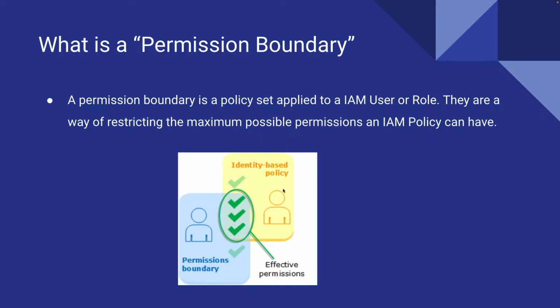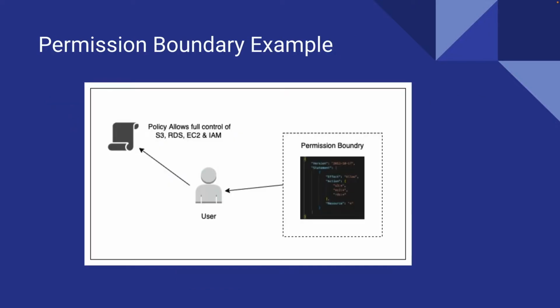The identity-based policy has another permission outside of the boundary, allowing the user to perform an activity in AWS. But because that particular permission is not allowed in the permission boundary, even though this user has permission to use it, they'll be denied. It's a little bit of a hard concept to get your head around, but we'll jump into a scenario and then look at an actual demo, live and in use.